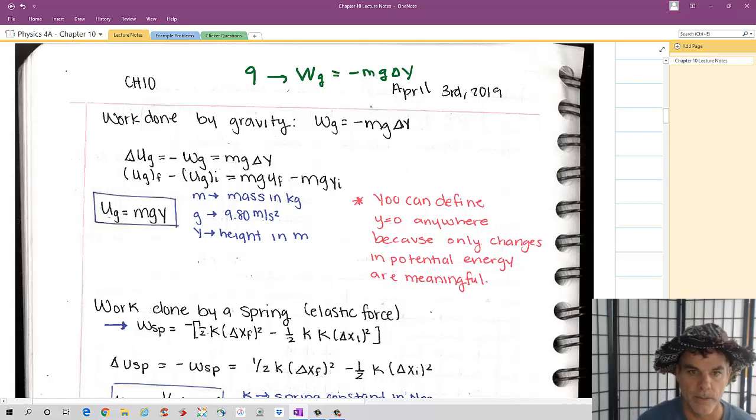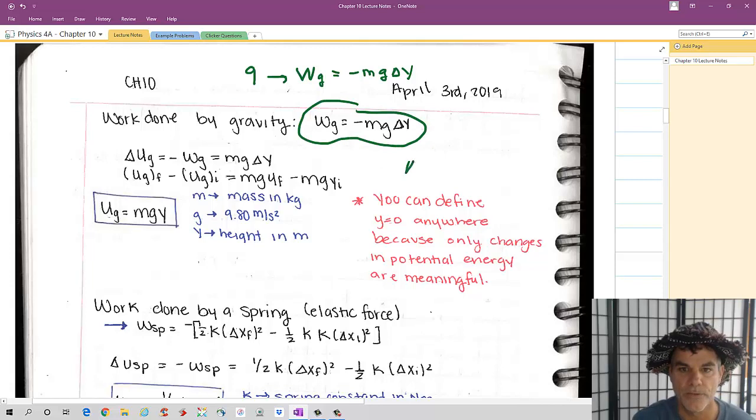Well, the change in potential energy is defined as, for gravity, negative the work done by gravity, which means that my change in potential energy is going to be mg delta y.